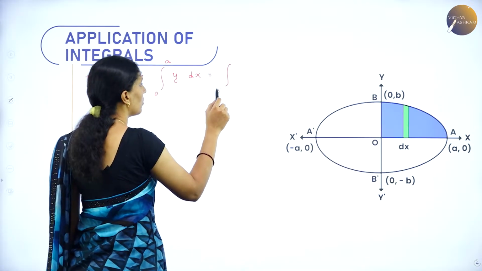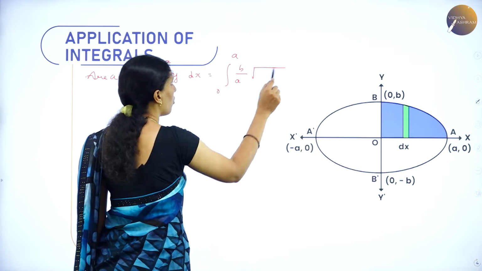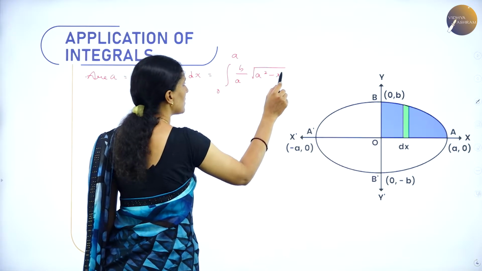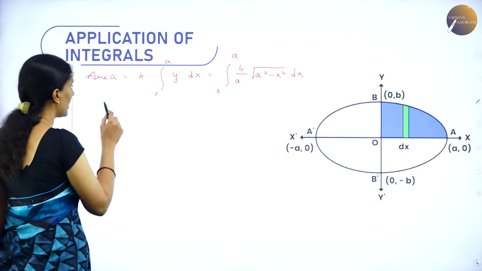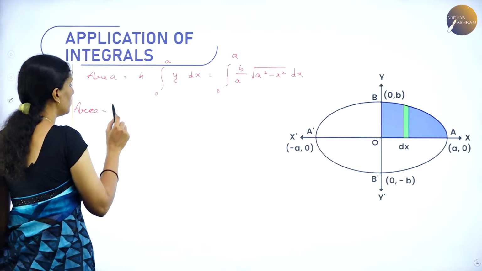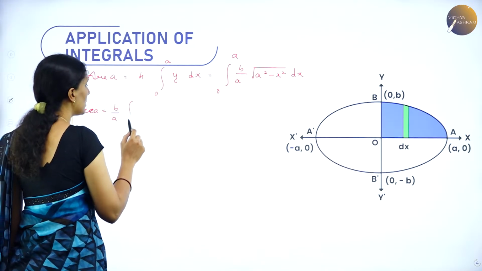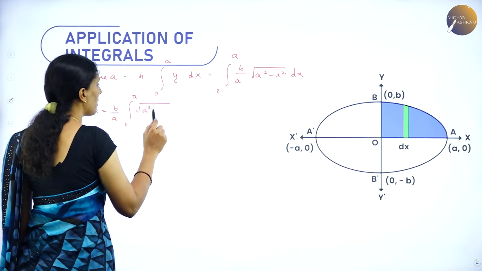It is b by a root of a square minus x square, dx. So b by a is a constant, we can take it outside. Therefore area is equal to b by a integral from 0 to a root of a square minus x square dx.